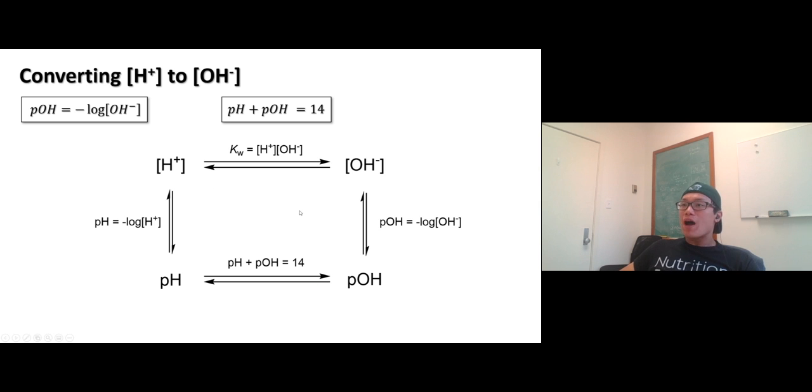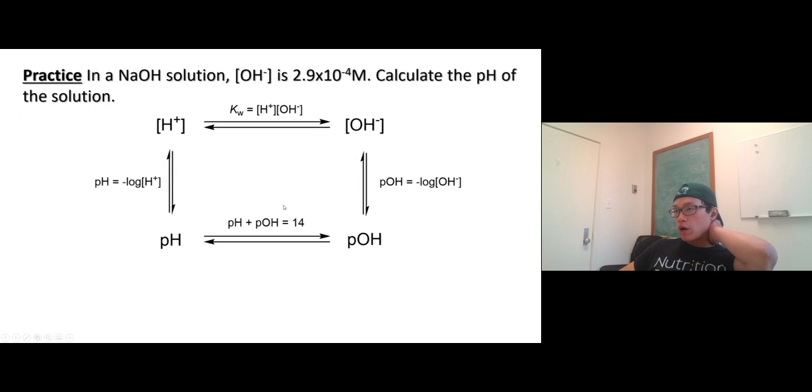Okay, all right, do this one. I'll do this one for you. In a sodium hydroxide solution, the concentration of hydroxide ion is 2.9 times 10 to the negative 4th molar. Calculate the pH. So we have this number right here. The question asks for the value of pH. You can do it either way.